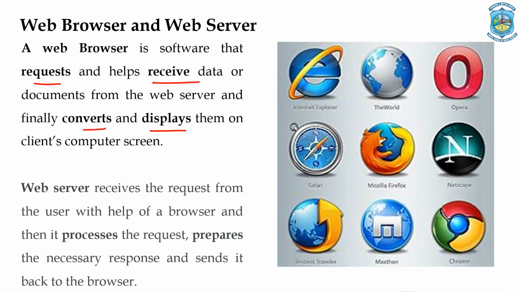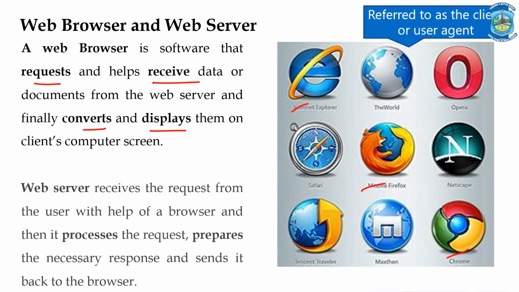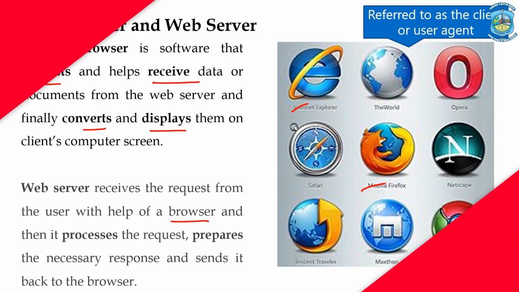Examples of web browsers are Internet Explorer, Mozilla Firefox, and Chrome, and these are also referred to as the client or user agent. On the other hand, a web server receives the request from the user with the help of a browser, then processes the request, arranges the information and sends it to the browser.